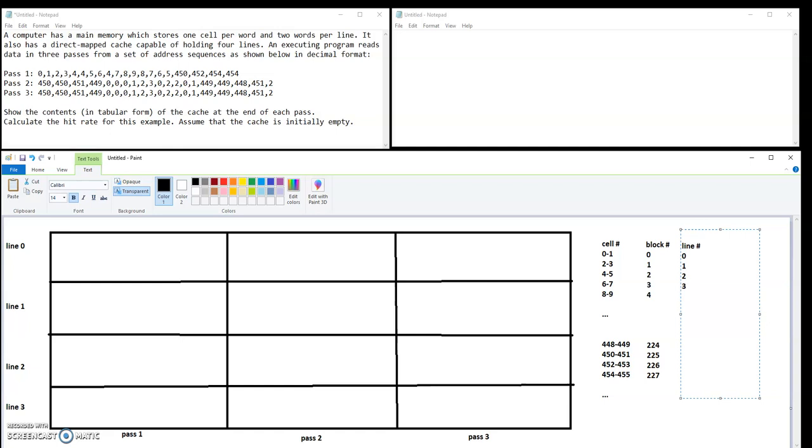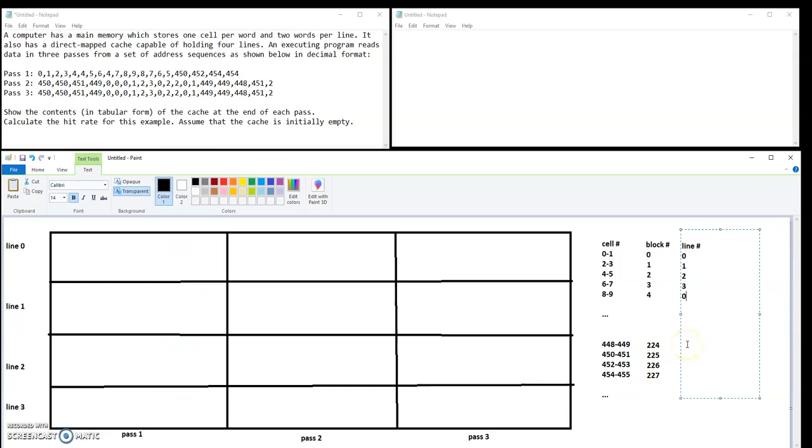Now, block number 4 can't go in line number 4. There is no line number 4, so it goes in. If I take the block number and mod it by the number of lines, it goes back in 0. It wraps around. So it goes 1, 0, 1, 2, 3. Block 4, 5, 6, 7. Block 8, 9, 10, 11.